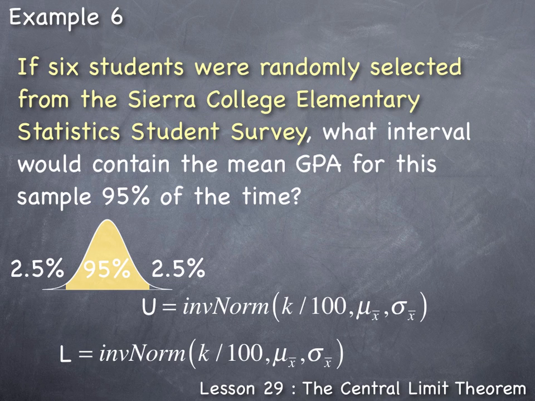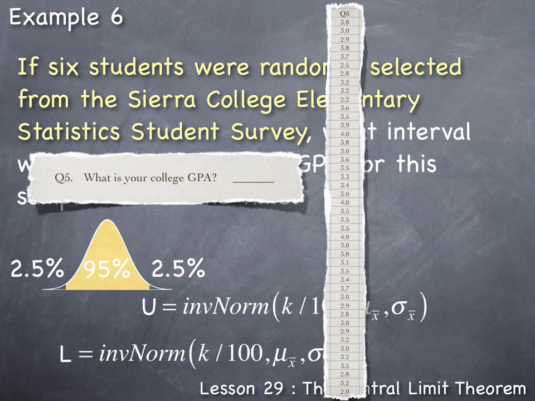So calculating the mean GPA for all the students in the student survey would find mu sub x bar, and then calculating the standard deviation for all the students in the survey would find sigma sub x, the standard deviation for that population. Question 5 on the student survey was the GPA.